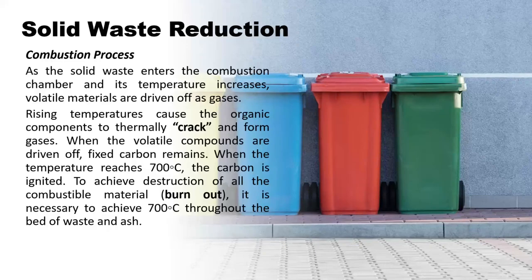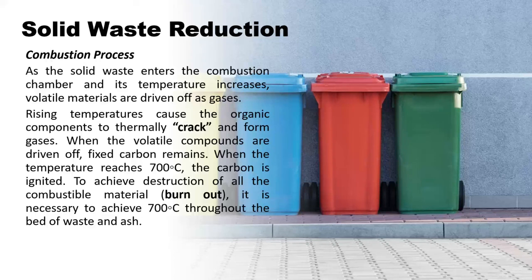So as the solid waste enters the combustion chamber and its temperature increases, volatile materials are driven off as gases. Rising temperatures cause the organic components to thermally crack and form gases. So when the volatile compounds are driven off, fixed carbon remains.